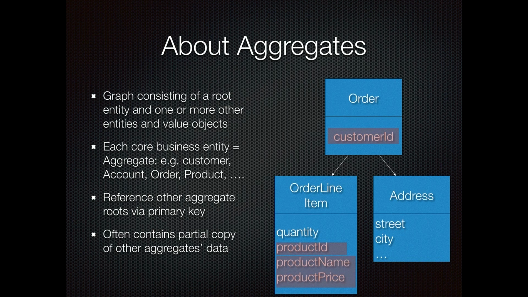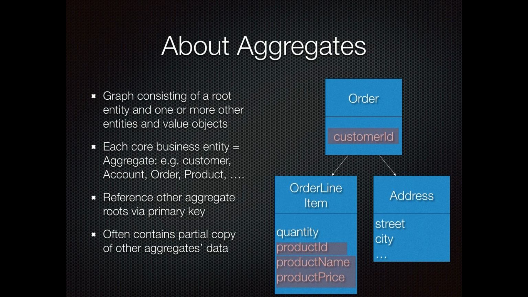Another little feature is that an aggregate might have a partial copy of other aggregates' data. A great example of that is an order line item might have the product name just for convenience, so you don't have to load the product to know what the name of that line item is, but it would also have the product price.